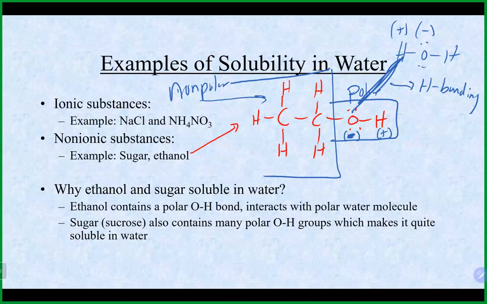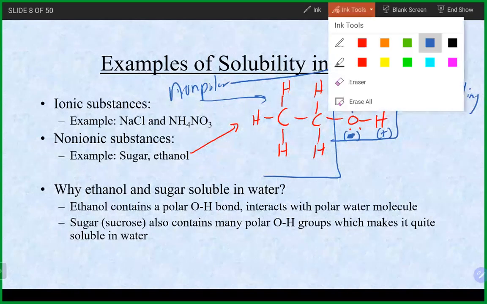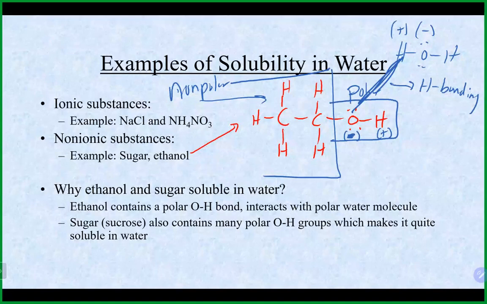Now, solubility is impacted by the size of the molecule and what else is going on there. So even though we have this in ethanol, if you take some other alcohols, which is what this is, and build out this part of the molecule and put on a bunch more carbons and hydrogens to the back part of the molecule, what we would create is a molecule that has a much larger non-polar part and just this little part over here that is polar.